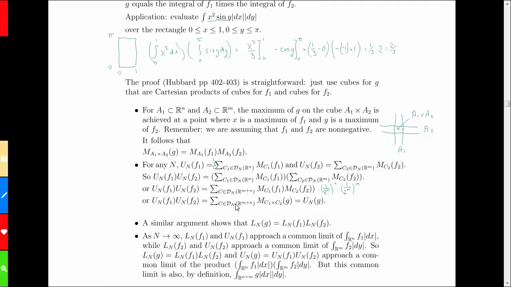But in any event, what I get is just the sum over these Cartesian product cubes that defines the upper sum for g.